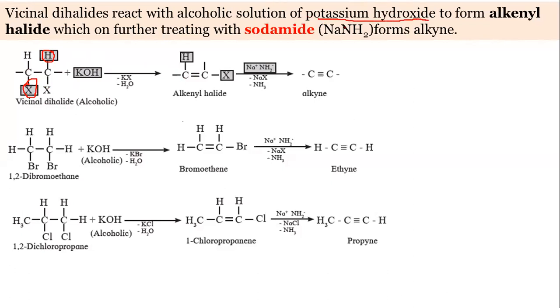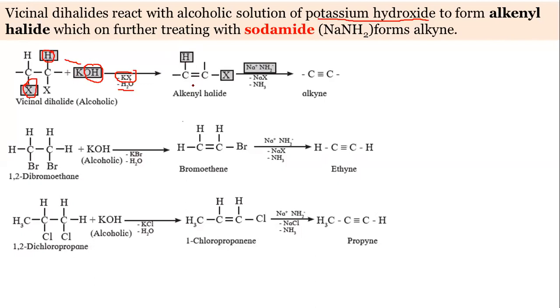So in the first step, we use potassium hydroxide, in which potassium is there and OH is there. This K will combine with this X, minus KX, and this OH will combine with this hydrogen, and a water molecule will be removed, KX will be removed, and we get a double bond here.